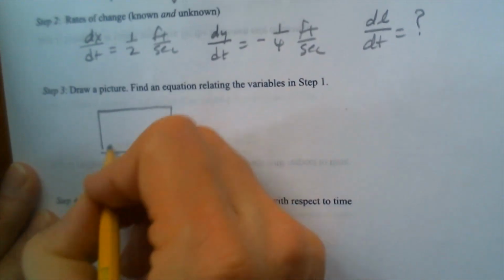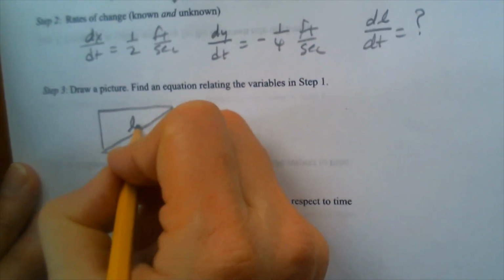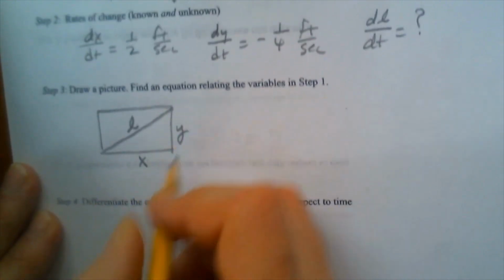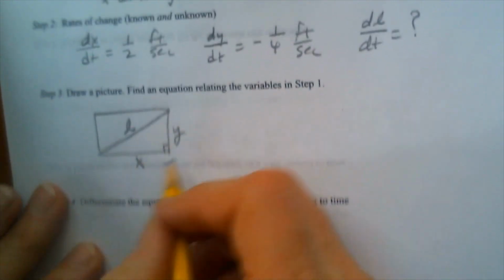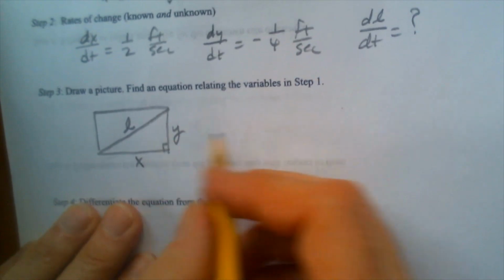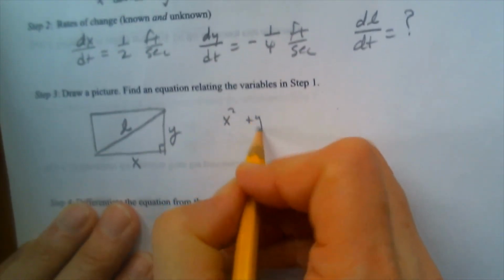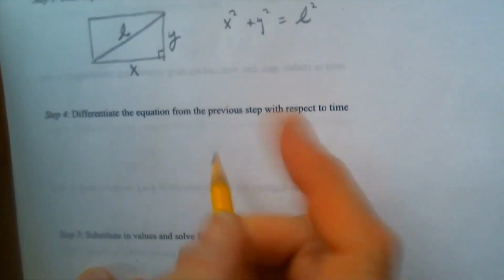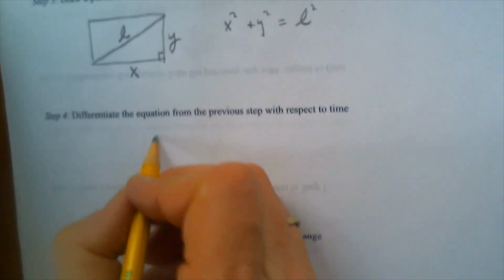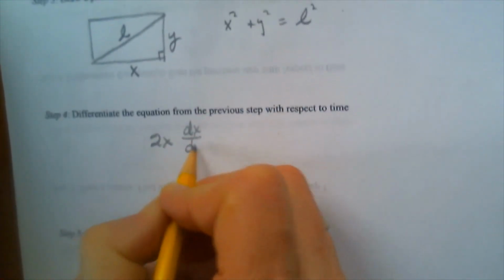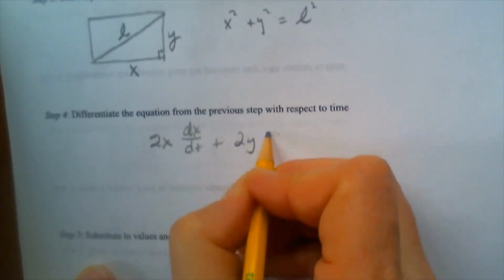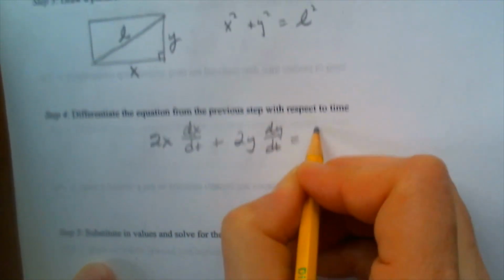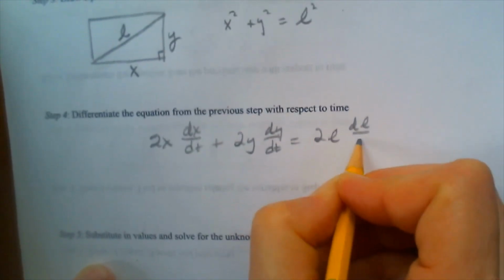So when we draw a picture of our rectangle, we have the diagonal, we'll call that L, we have X, we have Y, and right here we have a right triangle. So the relationship between X, Y, and L is X squared plus Y squared equals L squared. That is our Pythagorean theorem. So when we take the derivative of that equation with respect to time, the derivative of x squared is 2x dx dt plus 2y dy dt is equal to 2L dL dt.